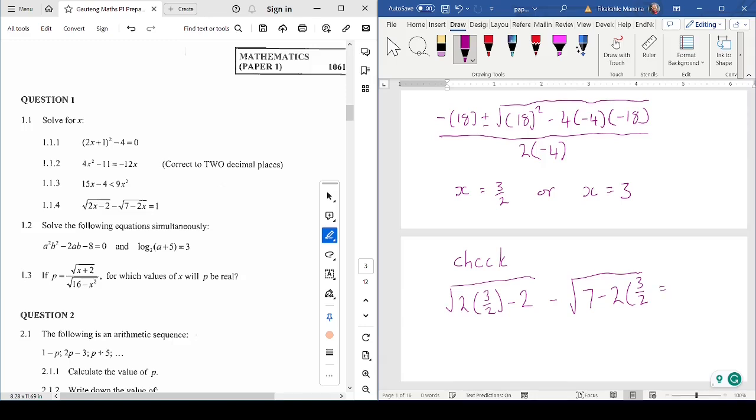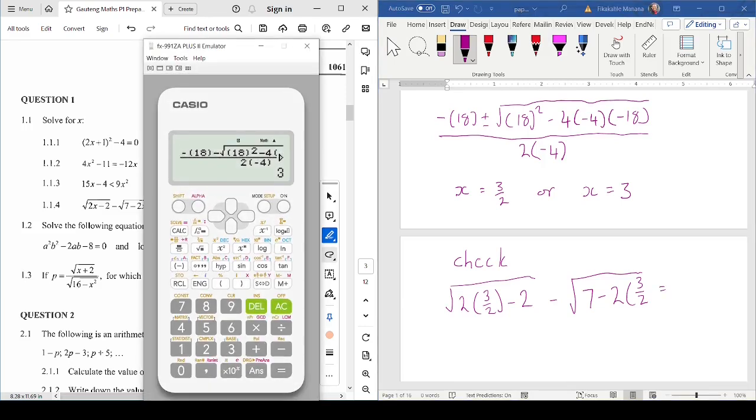For this x value to be valid, it must give us 1. So let's see, open the bracket, 2, open the bracket, 3 divided by 2, close it, minus 2. Go to the side and say minus the square root of 7 minus 2, and then open the bracket, 3 over 2, close the bracket.